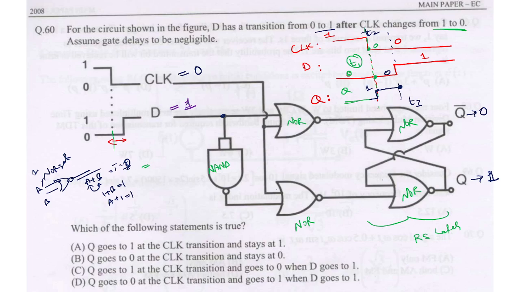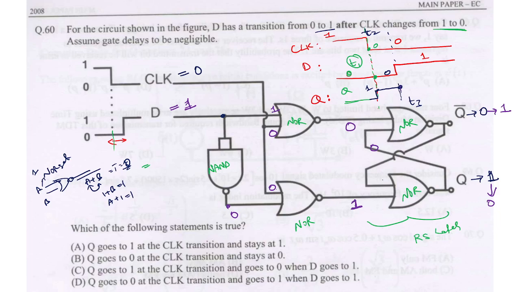Since D has become 1, this is 0. So D is 1, clock is 0, and this 0 is here. So 1 plus 0 whole complement is 0, 0 plus 0 whole complement is 1. Because of this 1, this will become 0, this 0 will be applied here, and 0 plus 0 whole complement is going to be 1.